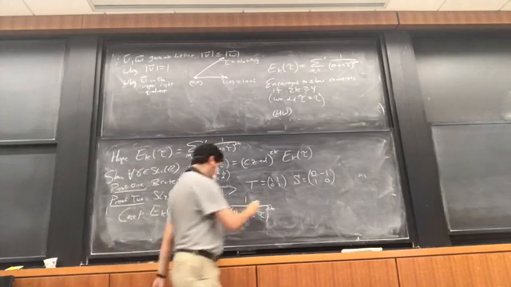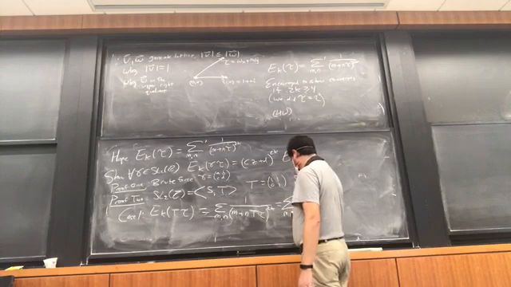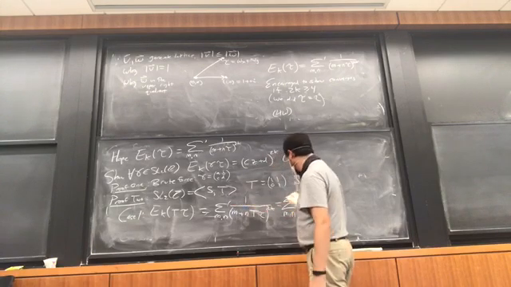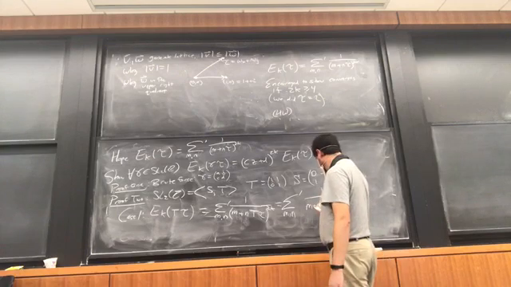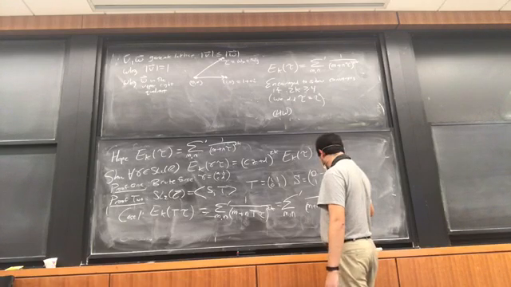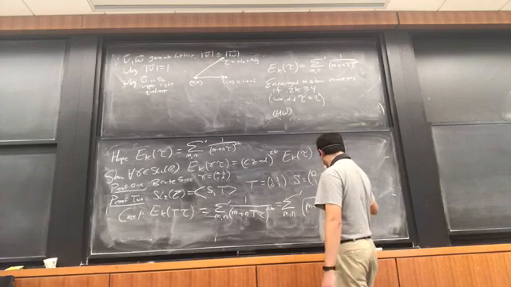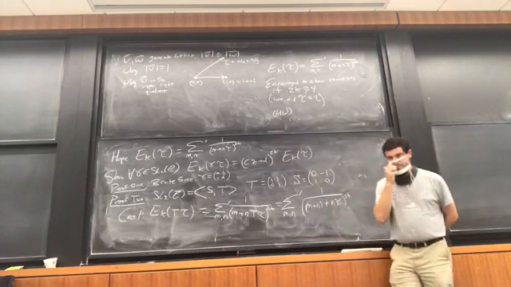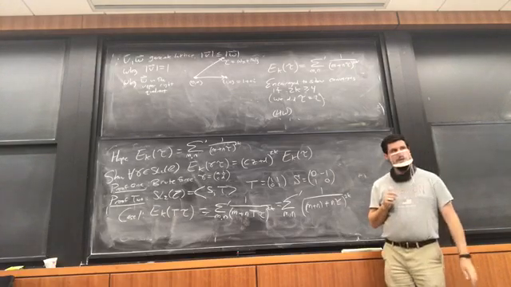So this becomes the sum over m, n, not 0, of 1 over (m plus n plus n tau) to the 2k. All right, now what? Change your variables as mission.